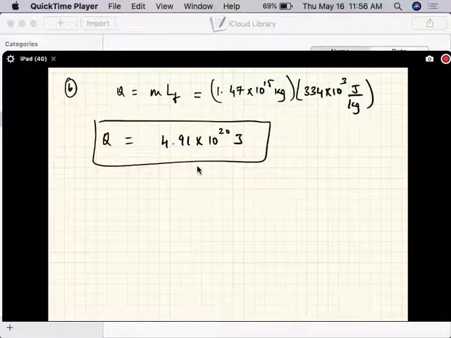Okay, so if you want to melt this much ice, you need 5 times 10 to the 20 joules.